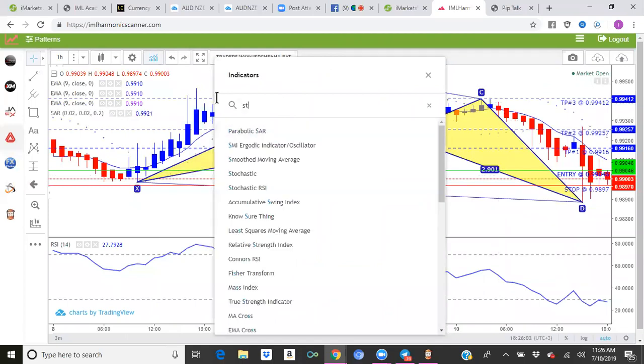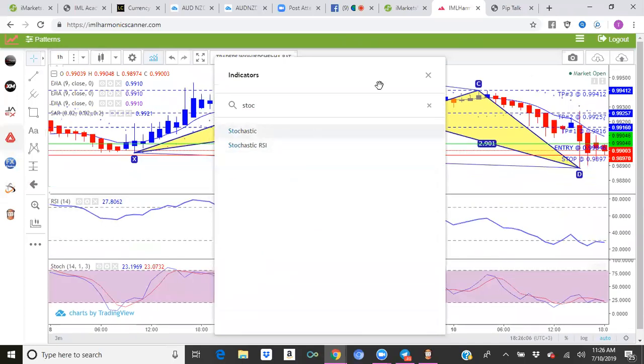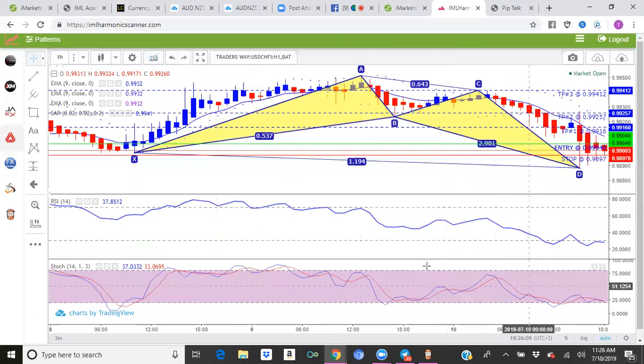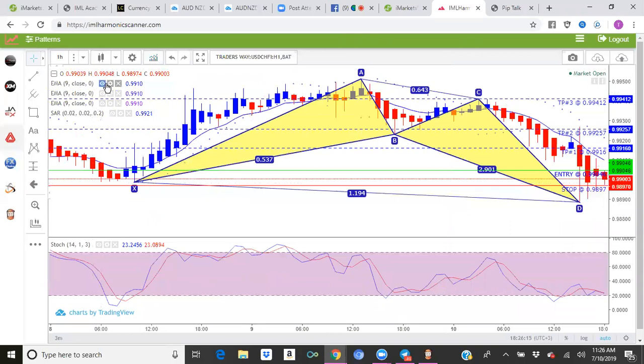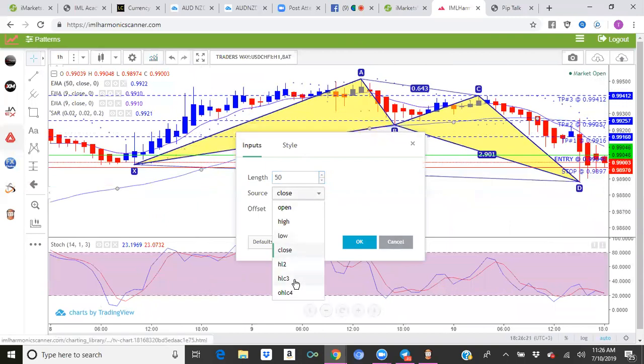Then you're going to punch in STOC for stochastic. Okay. We're going to erase, or delete, the RSI. For your first moving average, we're going to go ahead and make that 50. Apply to HLC3.